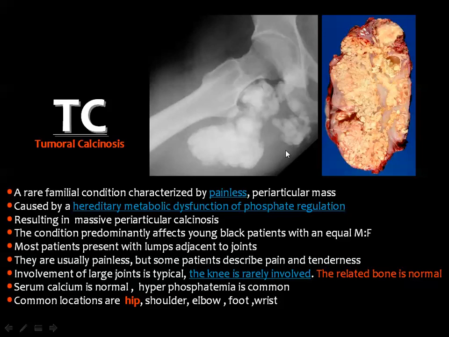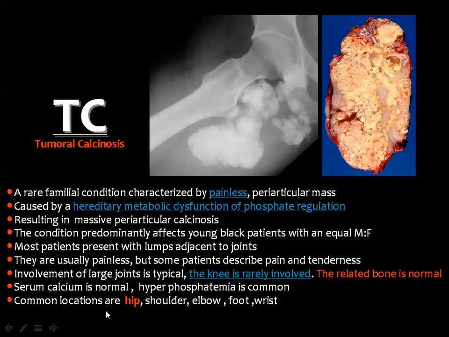Then you get a big mass adjacent to the bone or adjacent to the joint, and this mass is usually painless. Sometimes it may cause pain and tenderness if there is compression of one of the vital structures, and very importantly, the adjacent bones look normal. There is no bone erosion, no periosteal reaction, no destruction, and so on.